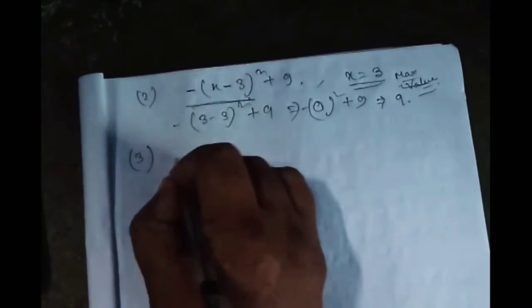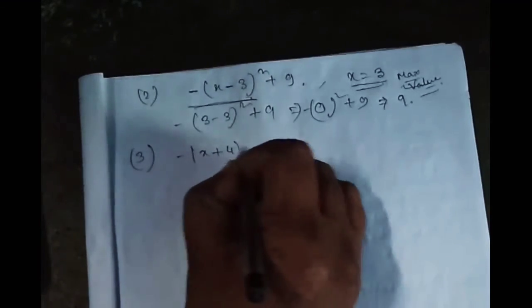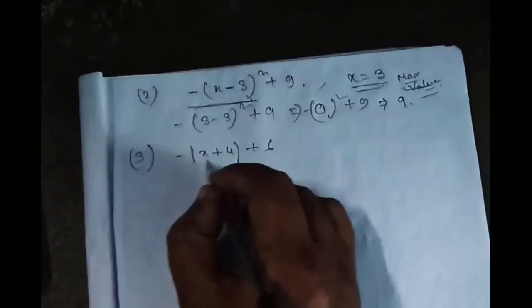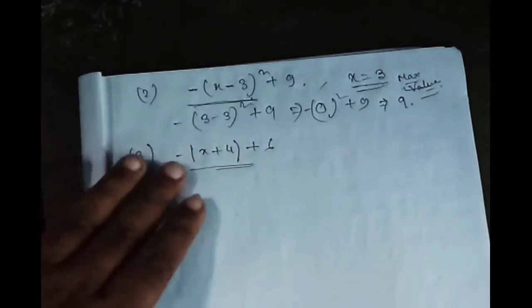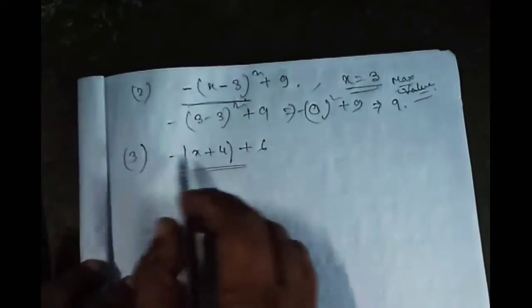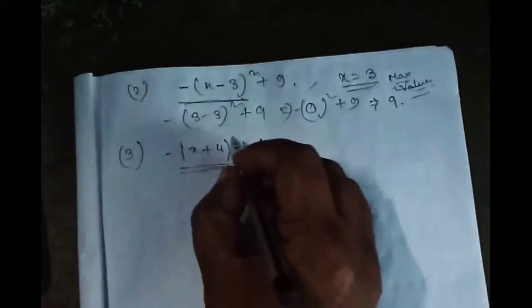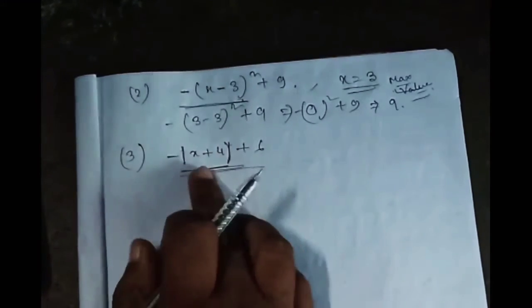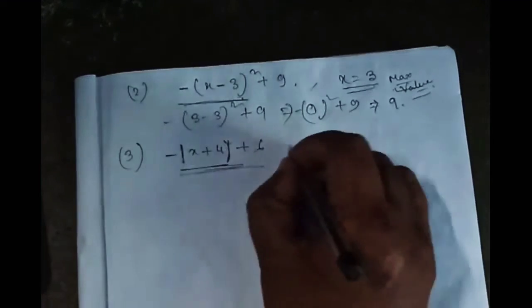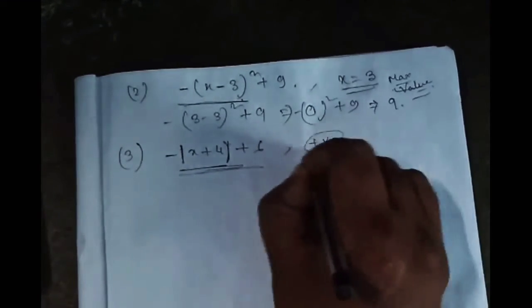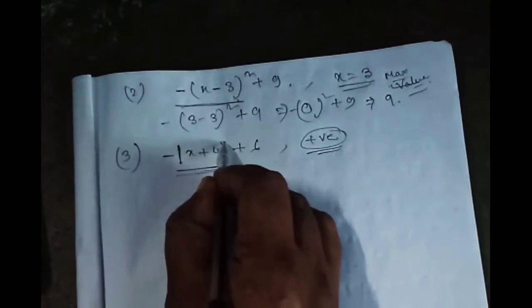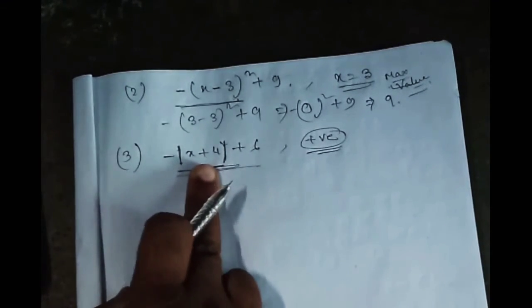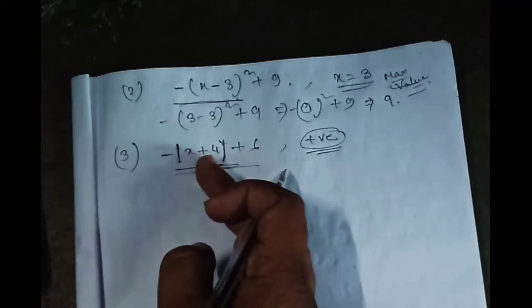Question number 3. Now here, this is also a function, we have to find the maximum or minimum value. Now if we take this function, this is the absolute value function or modulus function. Now we know that the mod function is always positive. So whatever values of x we take, there should be no finite minimum value.